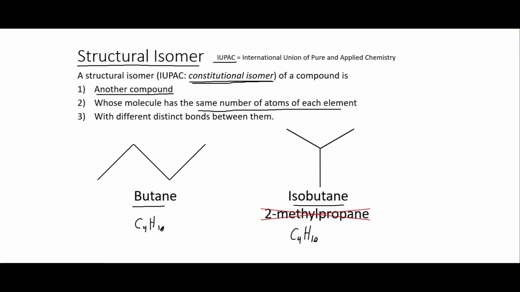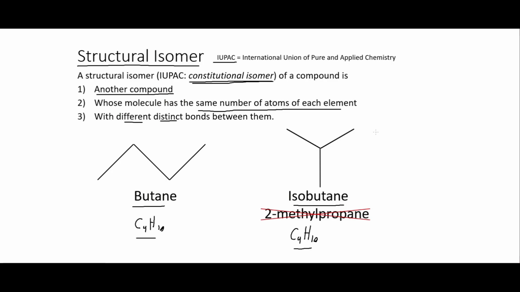They have the same chemical formula, but they are different compounds because of the difference in the way that they are bound. So they have the same chemical formula but with different distinct bonds between them.